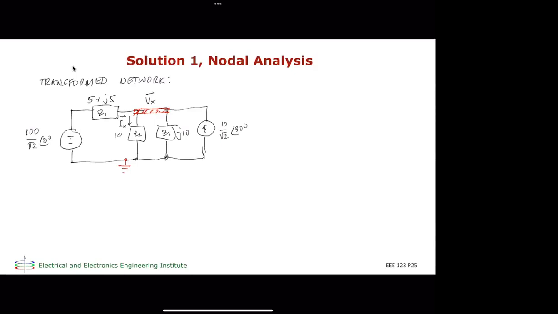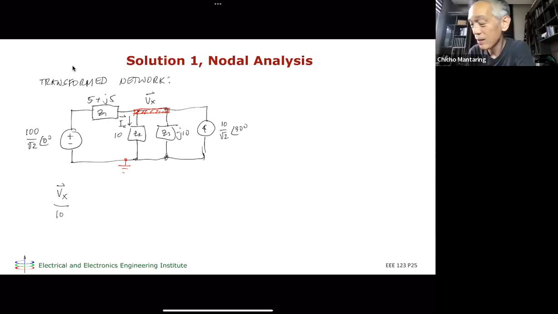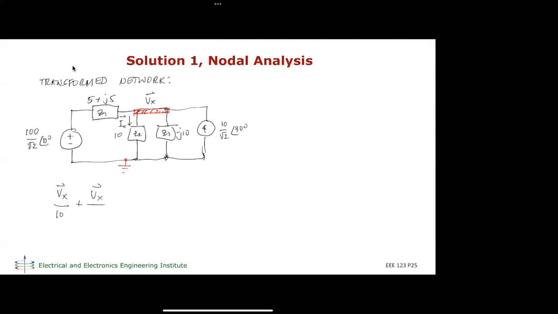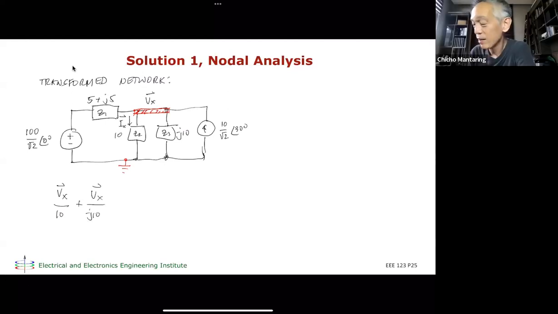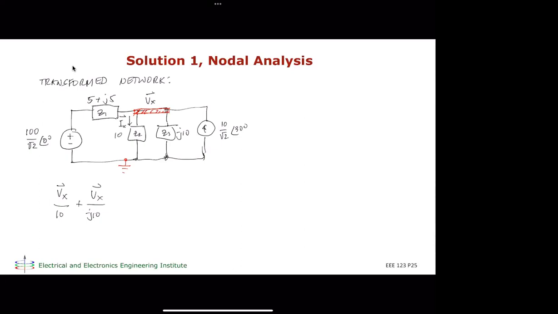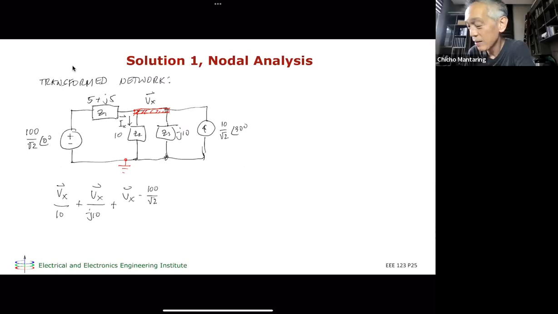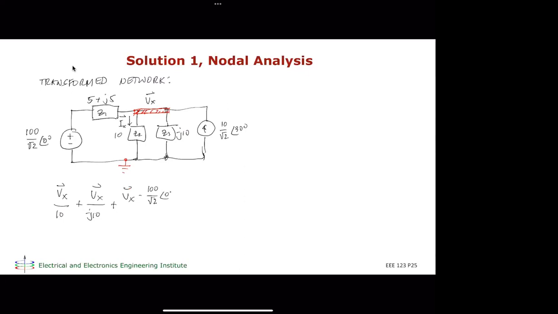V of x over 10. Okay. Plus V of x over negative J10. Okay. Plus V of x minus 100 over square root of 2, with the angle 0, over 5 plus J5.